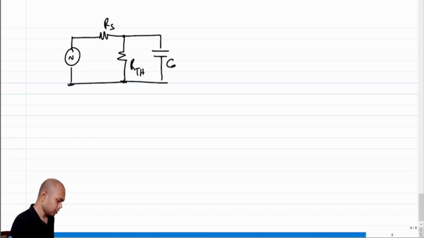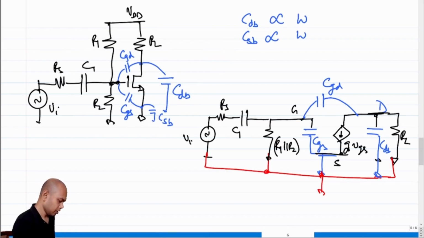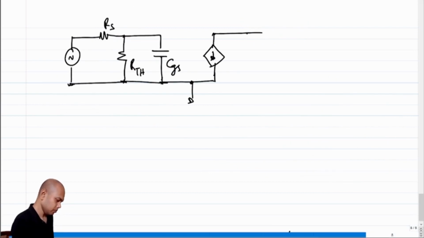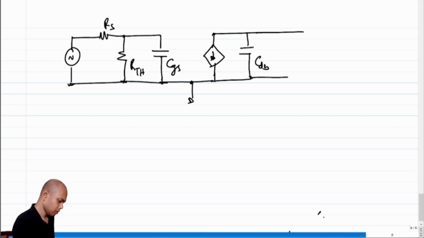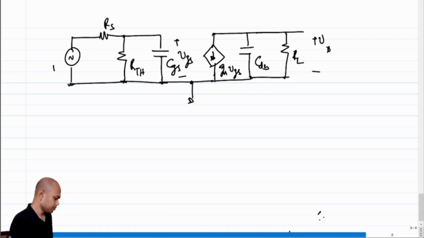Then we have CGS, then CDB, and we have RL. This is VGS, so this is gm times VGS, and this is V0, right?